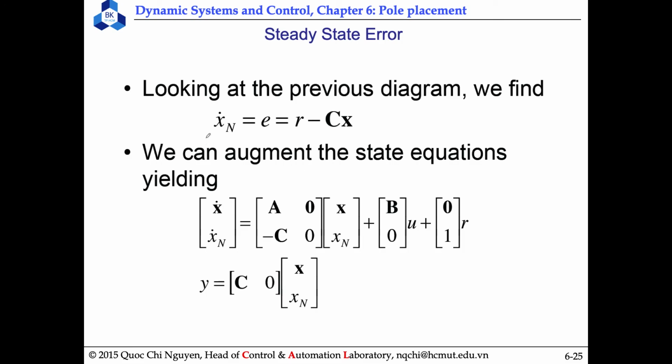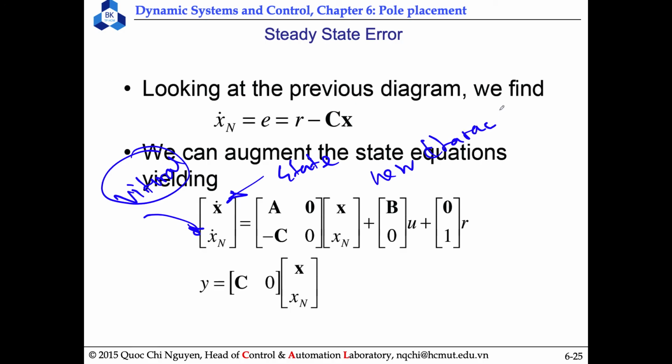Looking at this diagram, we have the state of the system combined with the virtual one, and this becomes a new system. A new system must have a new characteristic equation.